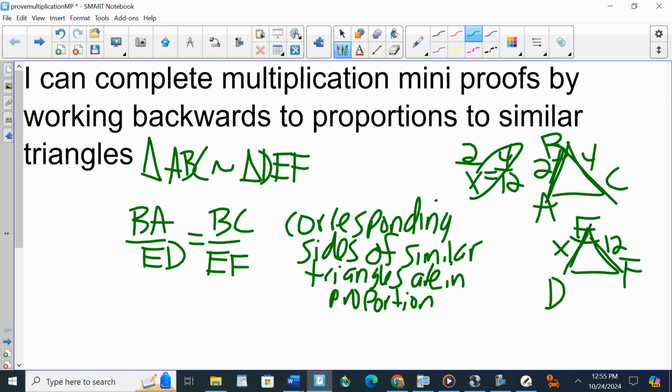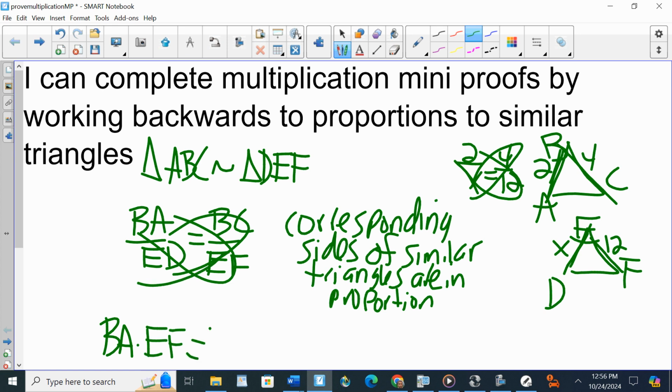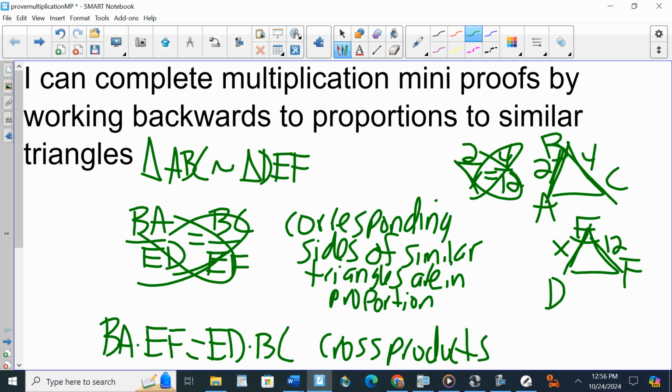Now I cross multiply and solve. So I cross multiply and I get BA times EF equals ED times BC. And the reason is, in a proportion, I can cross multiply because cross products are equal.